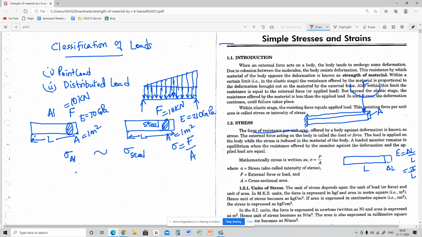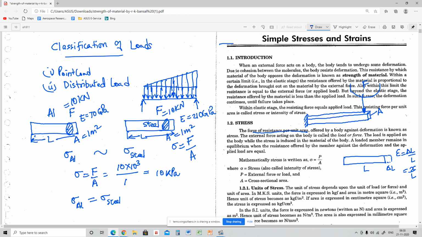The basic formula of stress is force per unit area, so 10 into 10 power 3 by 1, I will get 10 kilopascal. So both sides I will get the same. Can I say the stress for aluminium is the same as the stress for steel?